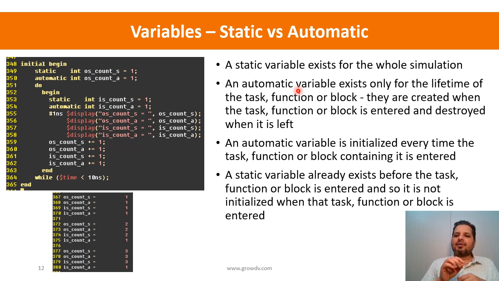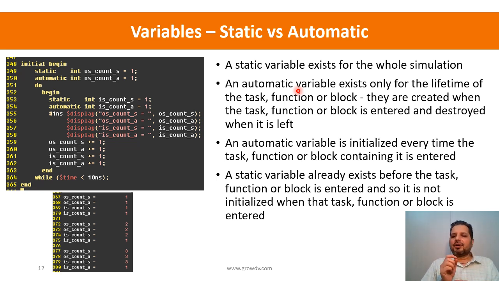Whereas an automatic variable gets allocated only when we enter that particular task or block. As soon as that particular context completes, either the block finishes its last statement or the task finishes its last statement, the automatic variable that we had allocated gets deallocated. That is what happens with the automatic variable.